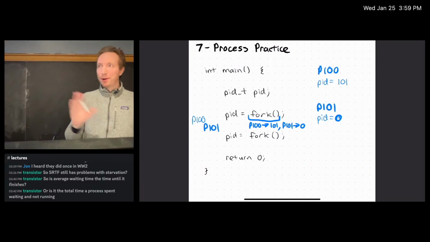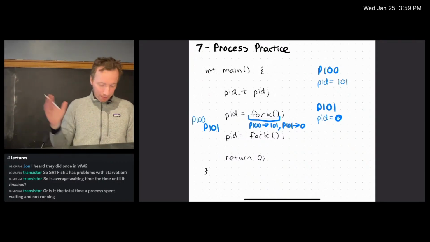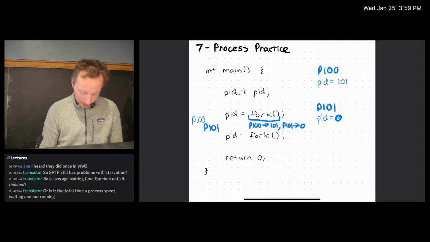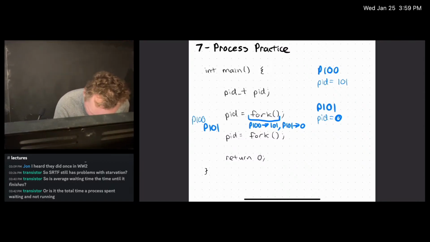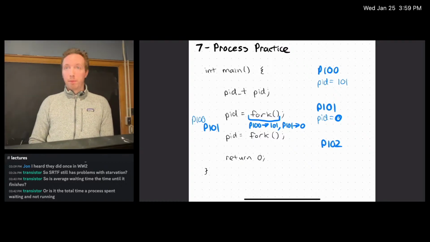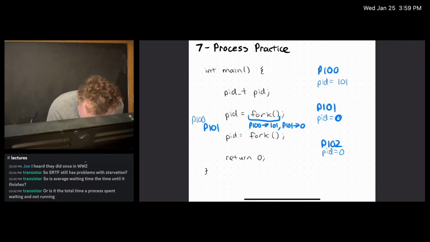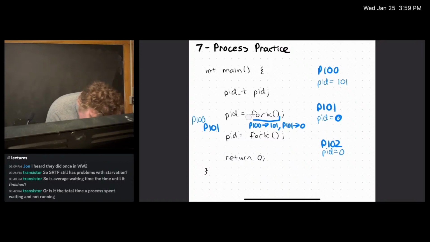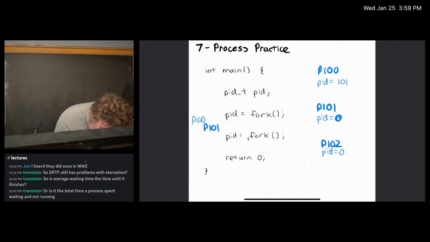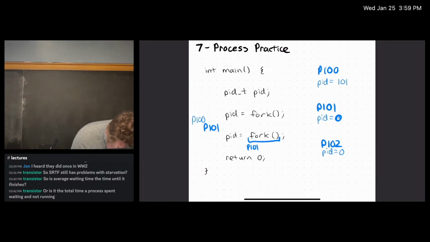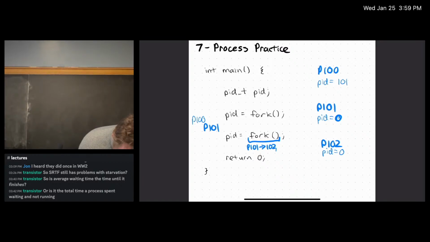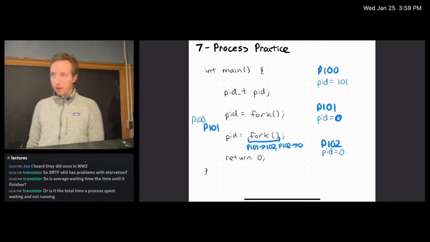Now either one could execute and call fork again. Let's say process 101 calls fork. A new process would get made called 102. That's the exact copy. It would have PID equal to 0. And now we can argue that process 101 called fork, so in 101 it would get 102 returned, and in process 102 it gets 0 returned.